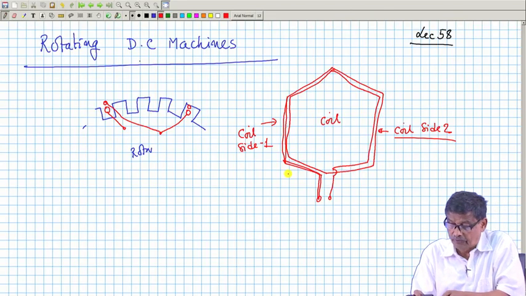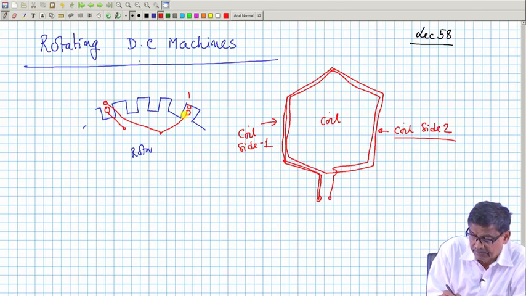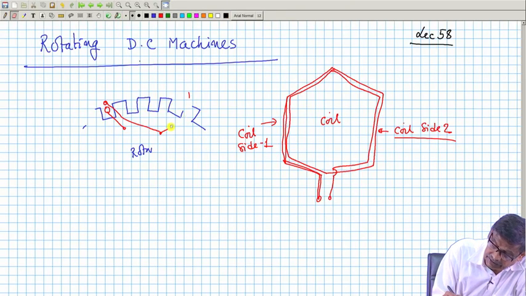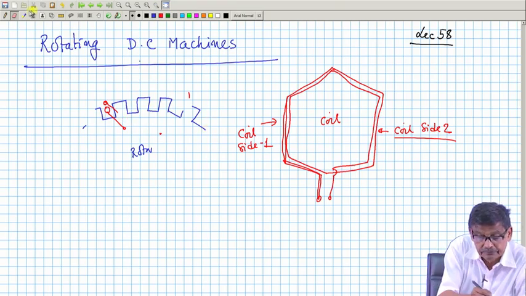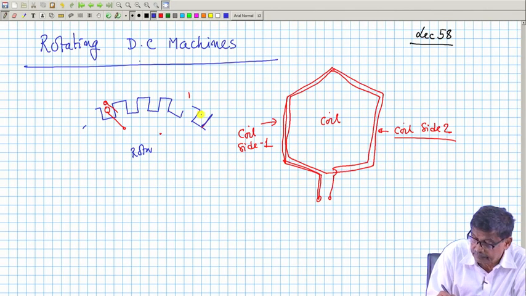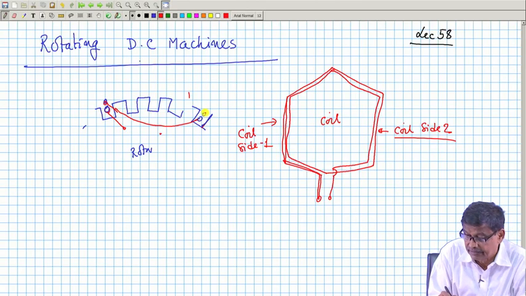And this coil physically will be placed in two slots. I am sorry, I have put it in the teeth, it will actually be in slots. So, it goes, comes back, like that and comes back.